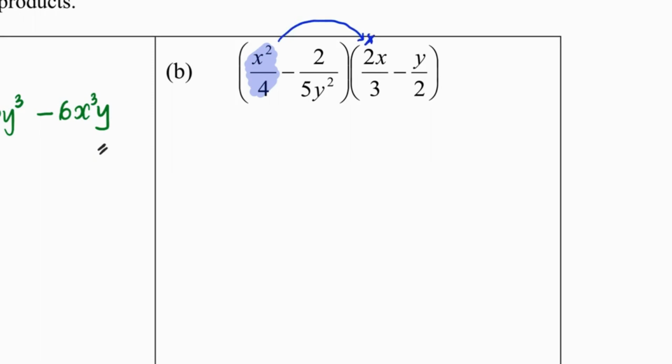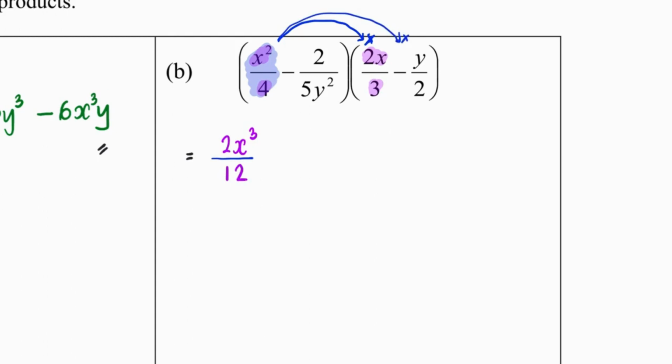When we multiply fractions, algebraic fractions or numeral fractions, numerator multiplied by numerator, so in this case, my x squared multiplied by 2x will give me 2x cubed over denominator 4 multiplied by 3, 12.